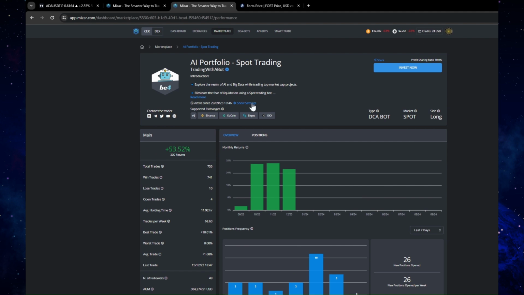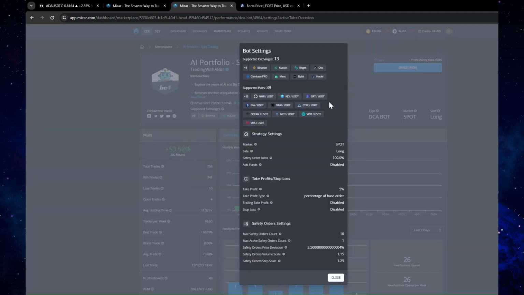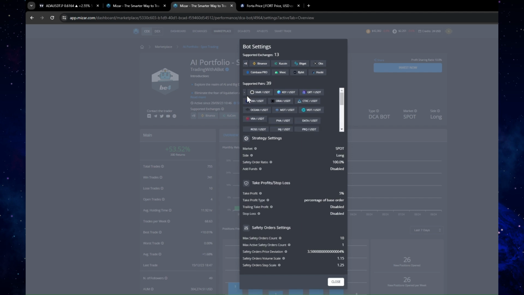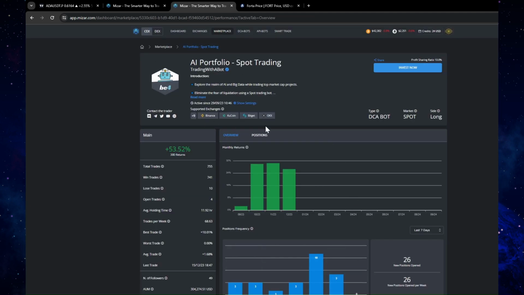So you can see this in settings. When you click on settings, you can see the number of pairs that is supported by this bot. So you can see exactly which tokens I have selected. This is public information, all of this, right? So again, here in the bot, you'll be able to find it in the marketplace or from the link that I have provided.